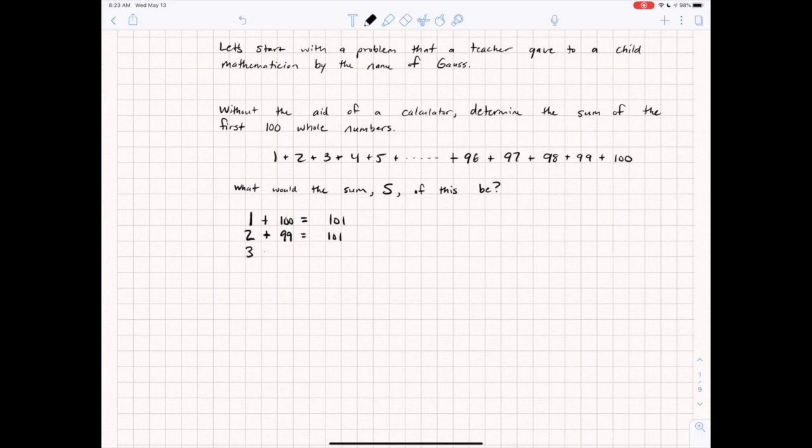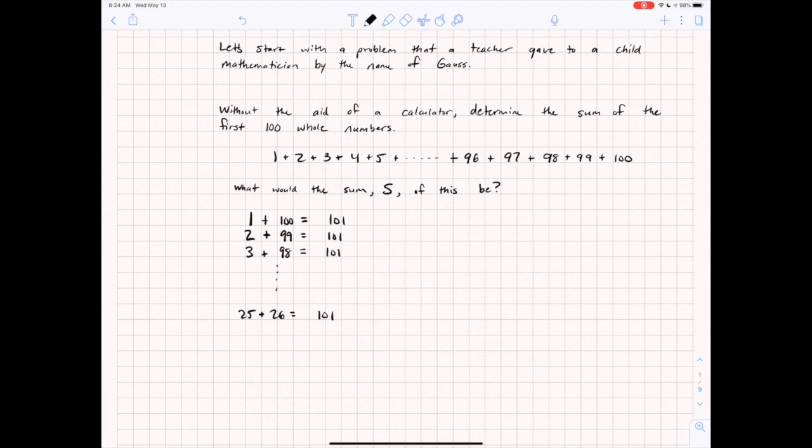And he continued this process, pairing up every single number, till he got down to 25 plus 26 is equal to 101. So by pairing up these two numbers, the sum came out to be the same.